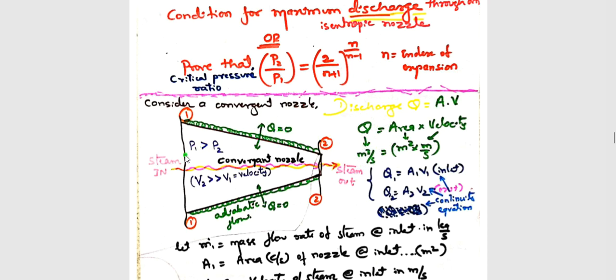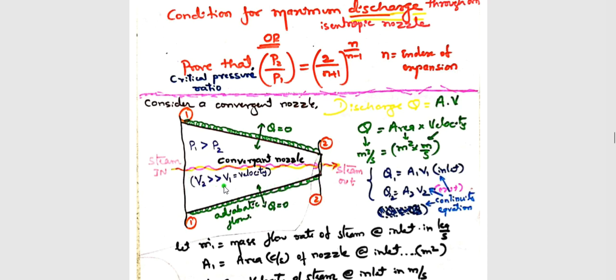Okay, next point. At the inlet of the nozzle, the pressure is always more. So when this high pressure steam enters the nozzle and flows through it, this high pressure will be converted into high velocity. So at the exit of the nozzle, at point 2 or section 2, the velocity will be much greater than the inlet velocity.